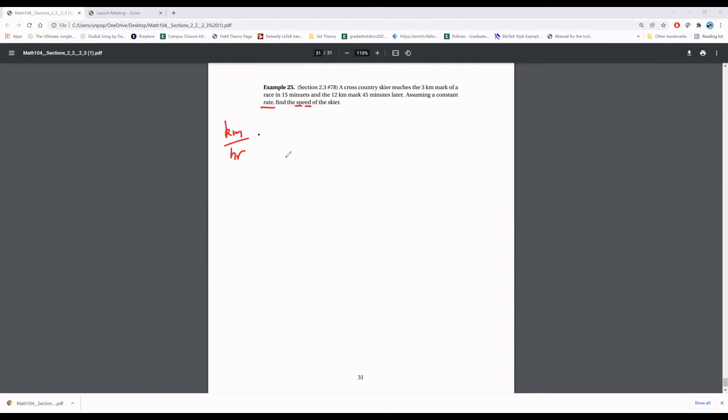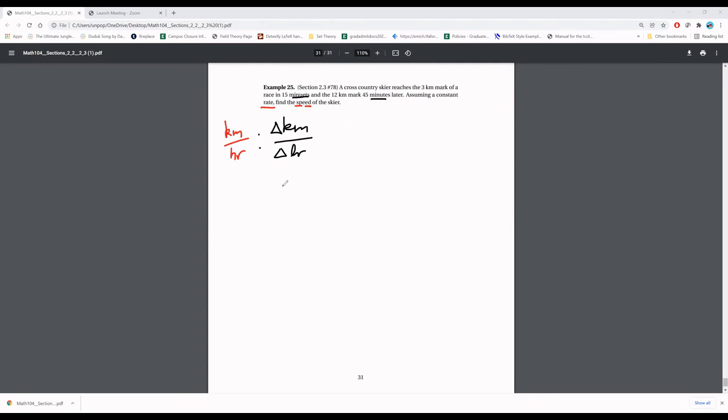This kind of tells us what our setup is going to be. If it's kilometers per hour, well, then this is my change in kilometers over my change in time. In fact, our time was given in minutes, not in hours. So we could set this up with minutes if we prefer. What's our change in kilometers?